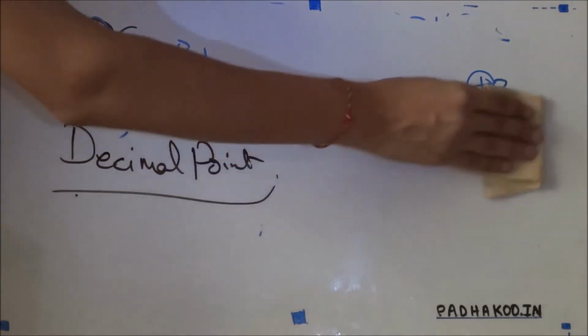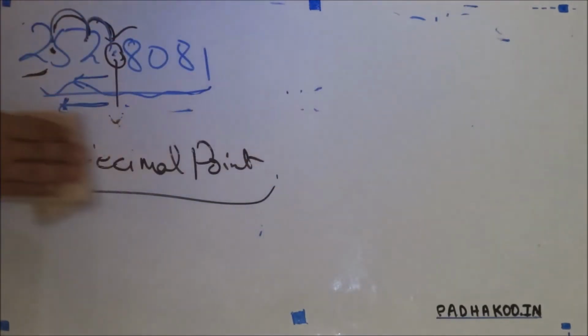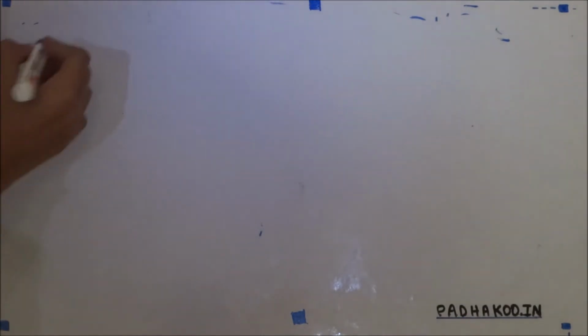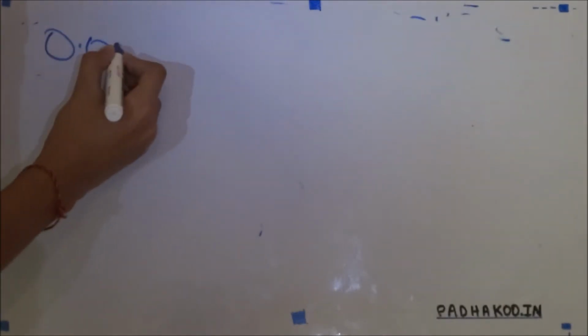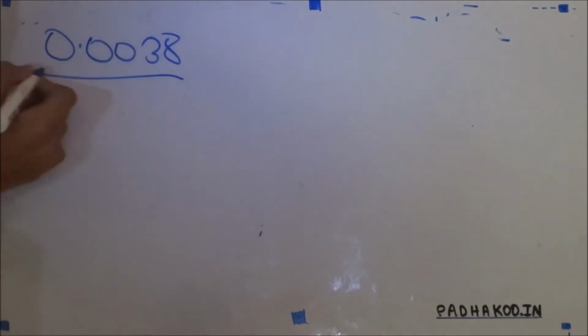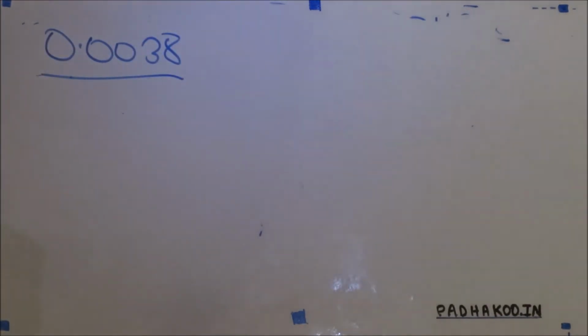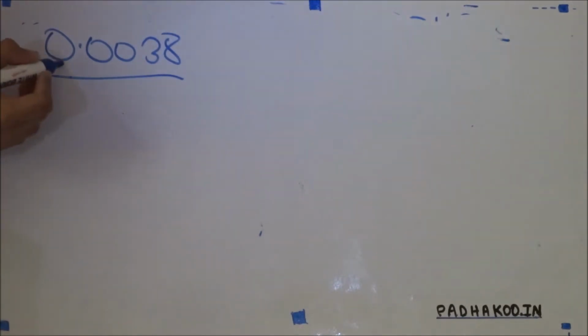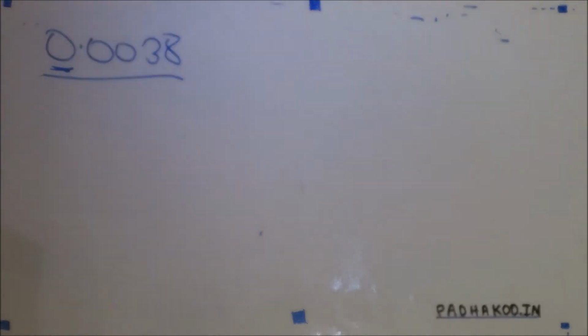Let's take another example, just to get a clear idea. Let's take a small number, 0.0038. Very small. Now here is one number at the left of the decimal point, but it is 0. We should have that number be non-zero.